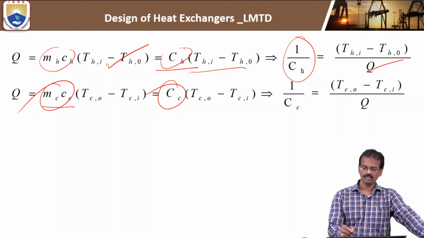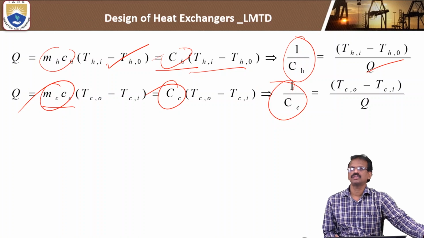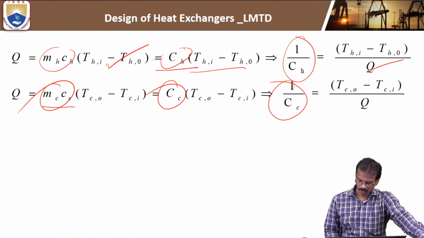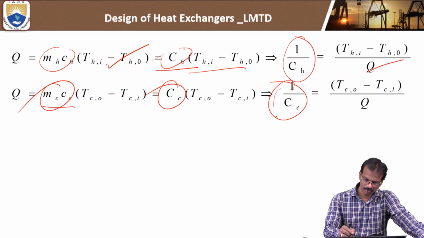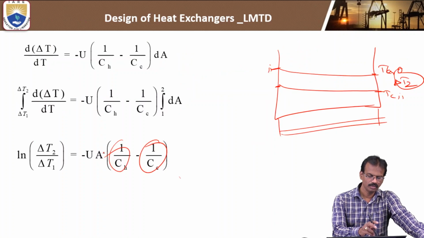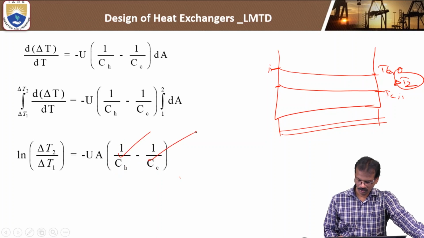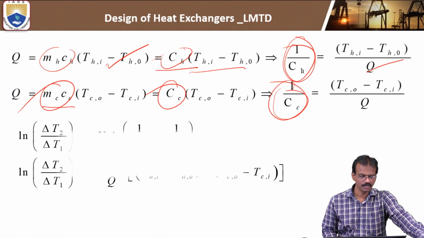Then 1 by Cc is equal to TCo minus TCi by Q. Okay. So we can substitute these values in the previous formula. What is the previous formula? Here. So in this case, we can substitute those values. Then the formula will be like this one.